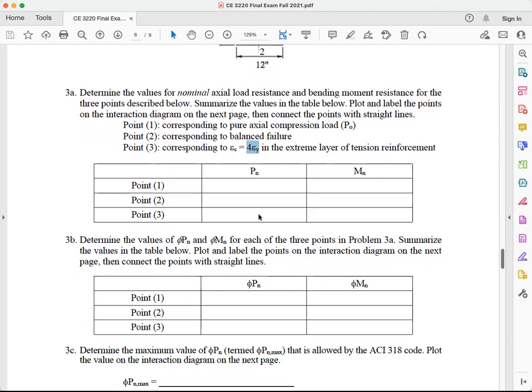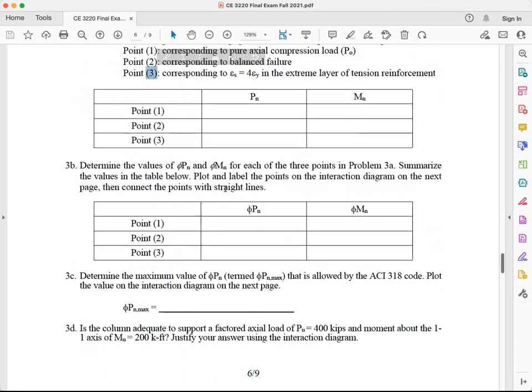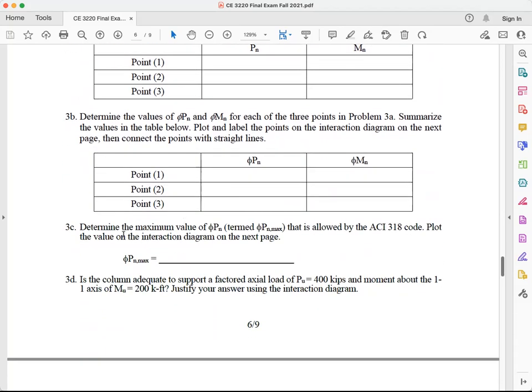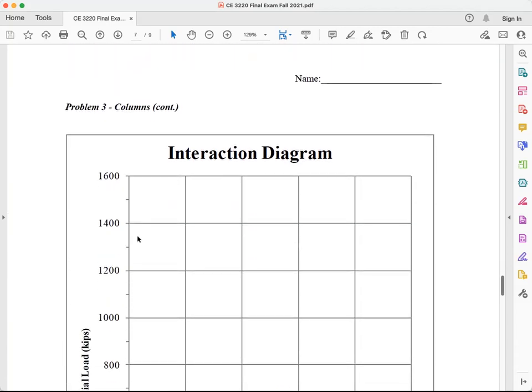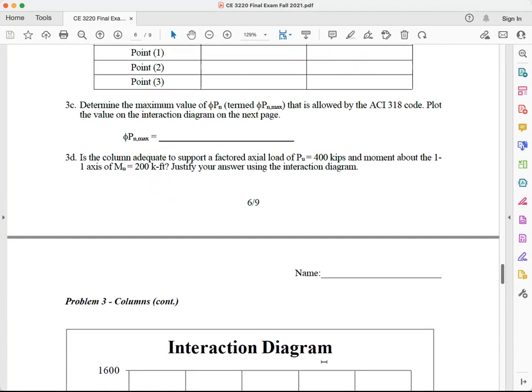Must be larger than 0.005, which must be tension control. So phi for point 3 has to equal 0.9. Then determine the maximum value phi Pn max on the interaction diagram on the next page. You just have to draw the diagram and find out.